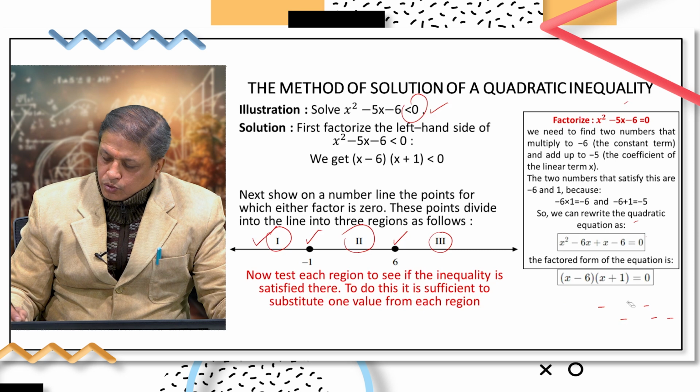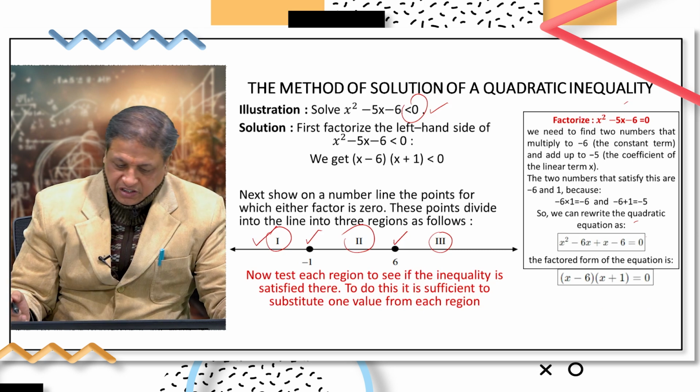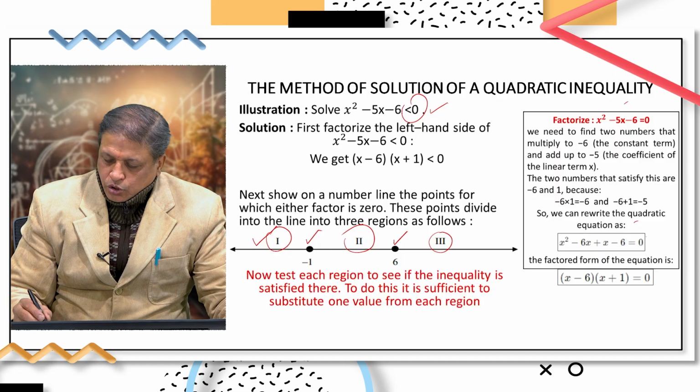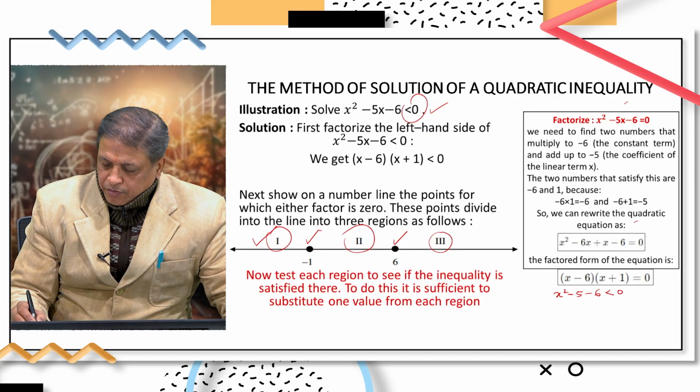Now region 2 is the region which is lying in between the points minus 1 and 6. So we are having the inequality x square minus 5x minus 6 less than 0, which is factorized to x minus 6 into x plus 1 less than 0.